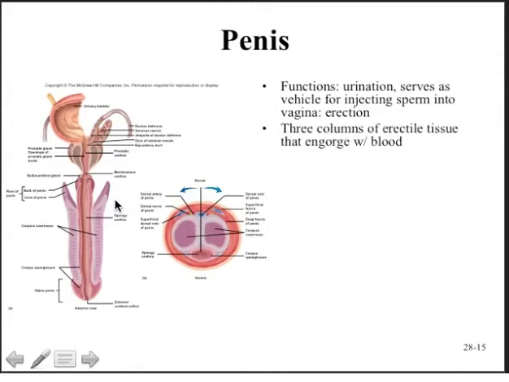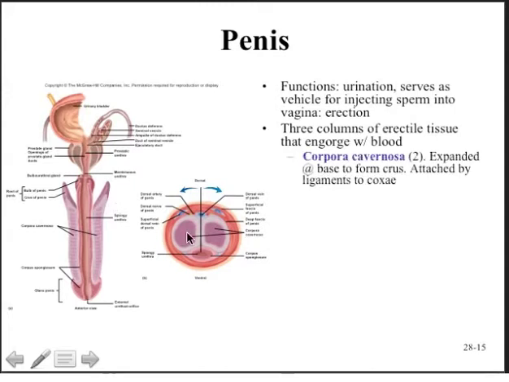Erection is the process of blood, via hydrostatic function, causing the organ to stiffen in preparation for intromission into the female reproductive tract. There are three columns of erectile tissue engorged with blood: the paired corpora cavernosa on the top dorsal side of the penis, and the corpus spongiosum, which of course encircles the spongy urethra.